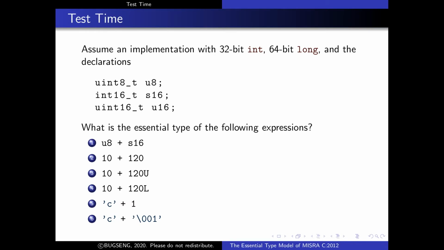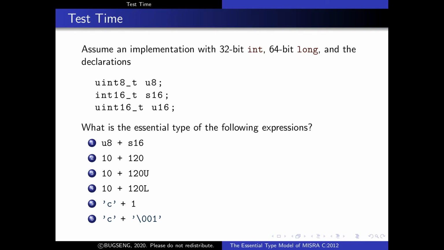Remember that in this case it is the signed that is converted to the unsigned and not the other way around. We have seen this example in the hidden enemy example. So let's continue with the next test.